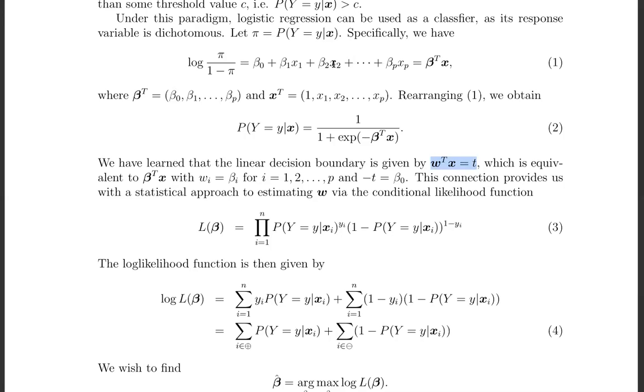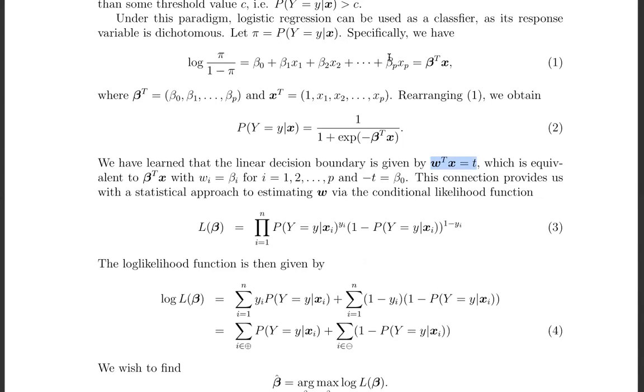So that is actually a linear model. And then the estimation of W is given by a formula, right? So how you get your weight vector is basically a solved problem.